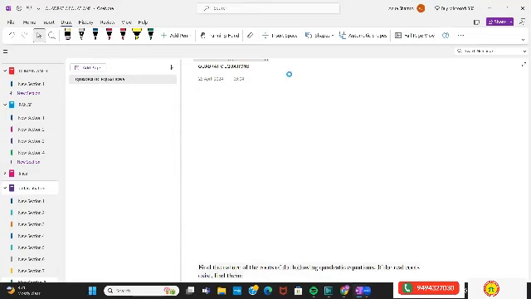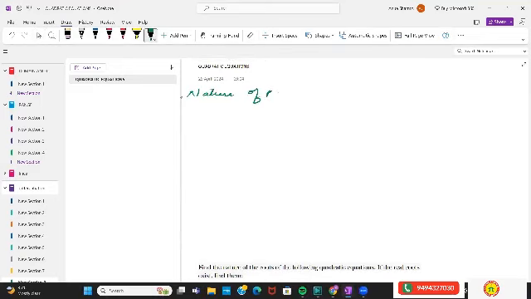Actually, in the last class, we discussed the nature of the roots, right? Let me recapitulate. We have a standard quadratic equation ax square plus bx plus c is equal to 0. A polynomial becomes an equation when it is equal to 0.